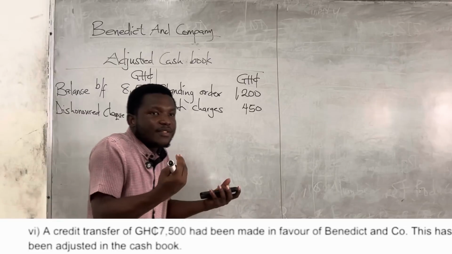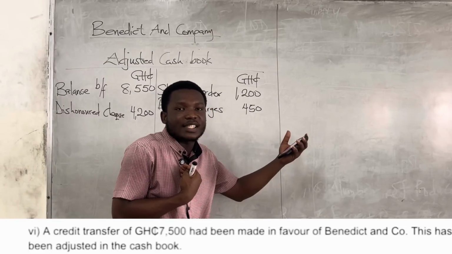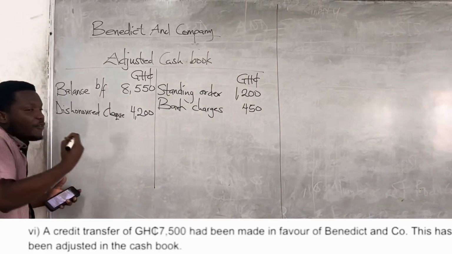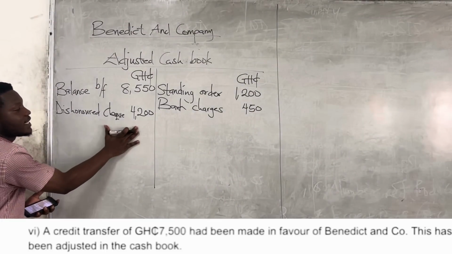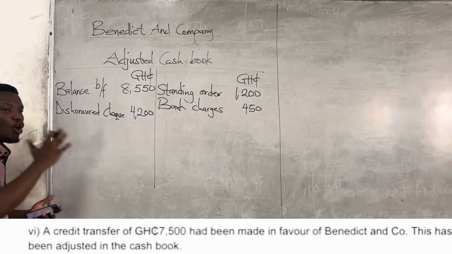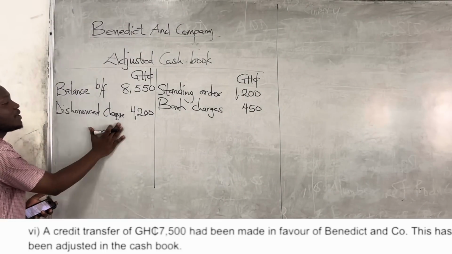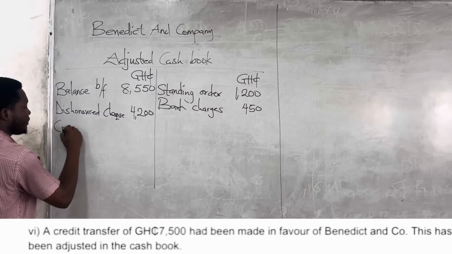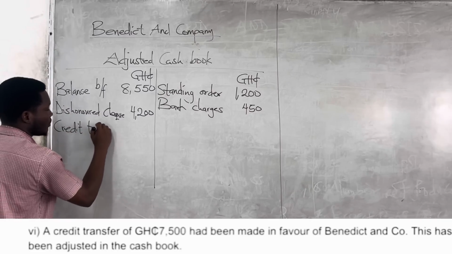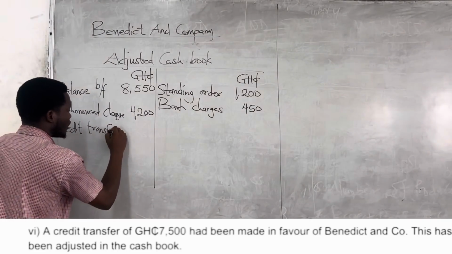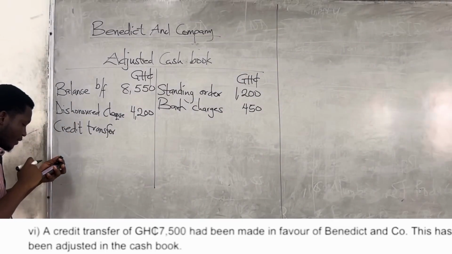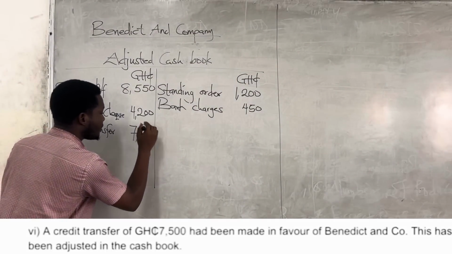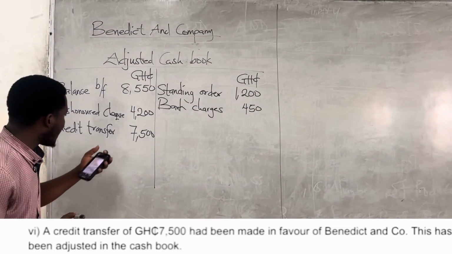We didn't know that you had received a certain amount of money, so after the bank statement, we got to know. Right now we have received the money, so we have to put it at the debit side. Always, credit transfer is at the debit side because we will receive the money. So we have our credit transfer, which the figure is 7,500.